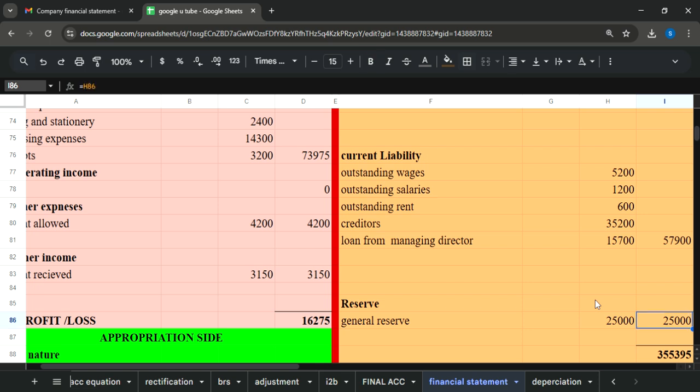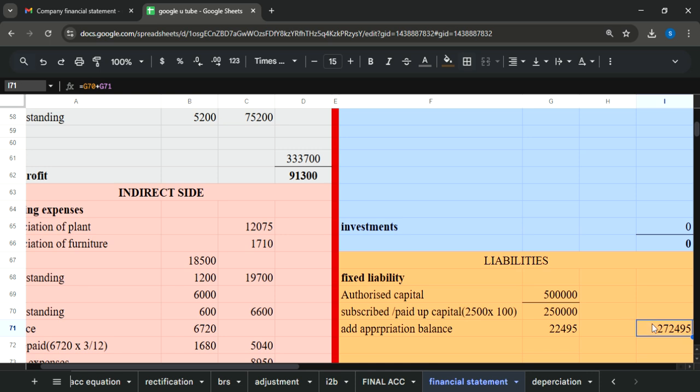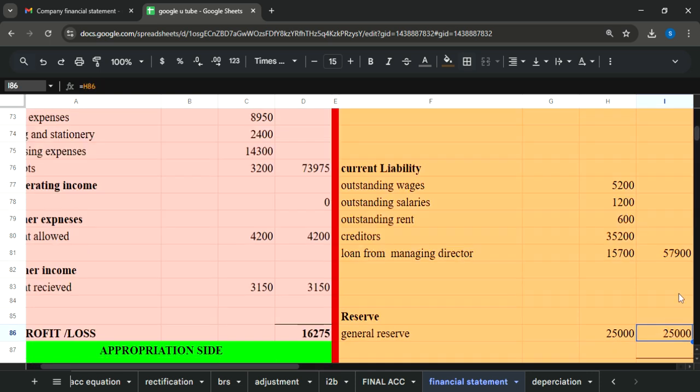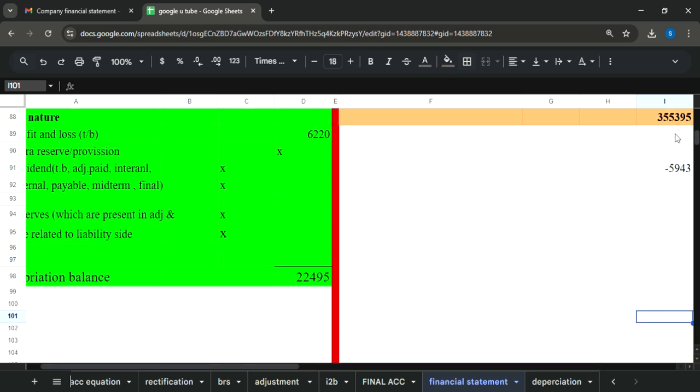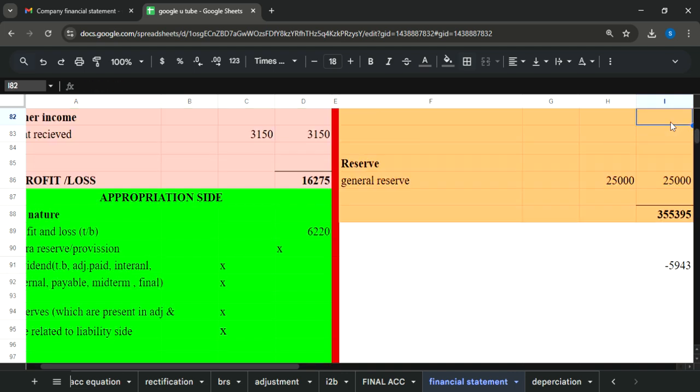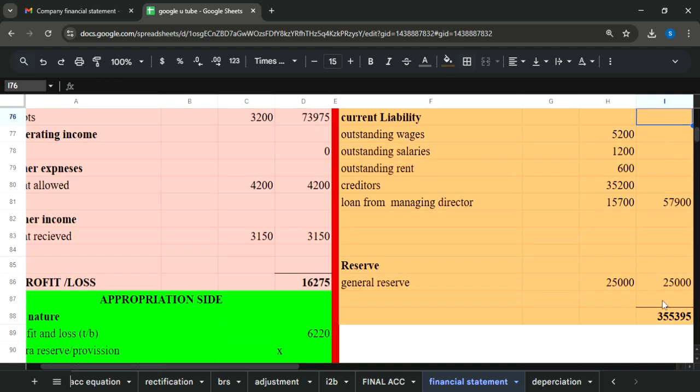Everything we have written is completed. There were three totals: total of fixed liability, total of current liability, total of reserve. When these three items are added, we have got a sum of 355,395. This is the sum of the liability side.